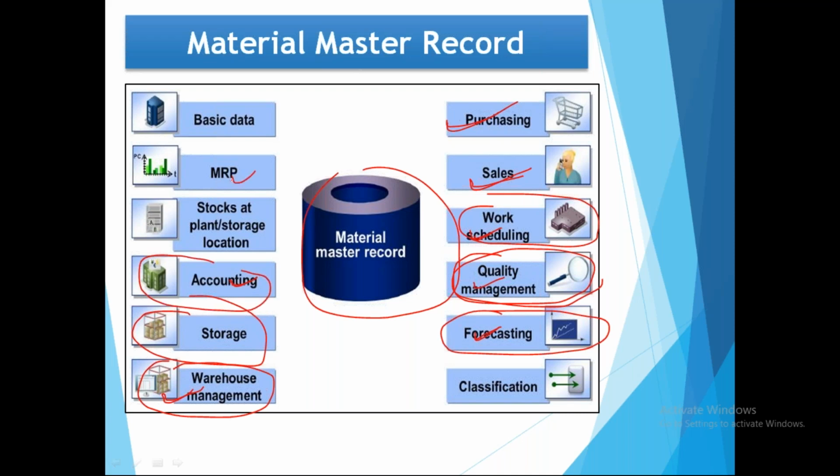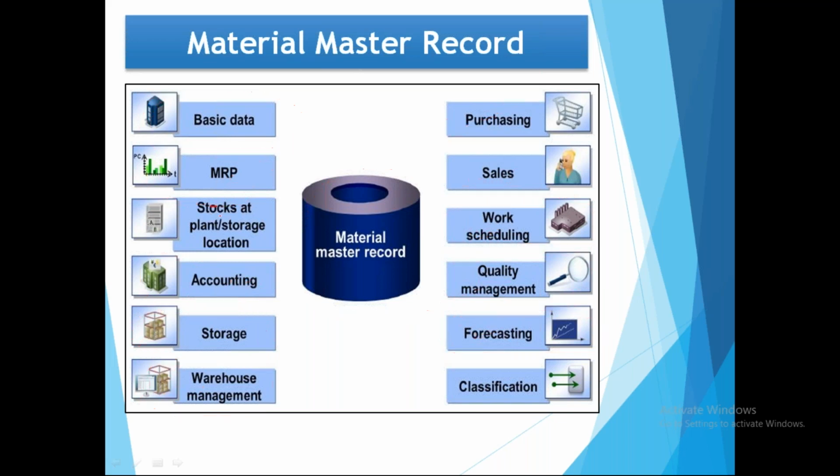The planning department will maintain their data in MRP views, and of course basic data is common for all. That is why different departments will maintain their data in their views in the material master record. So it is a centralized source of master data, relevant for all the modules in the SAP.